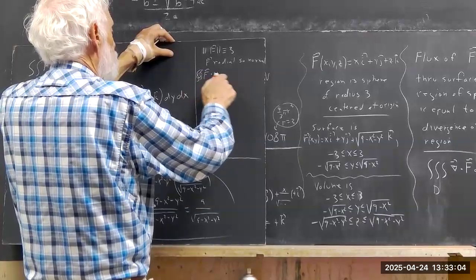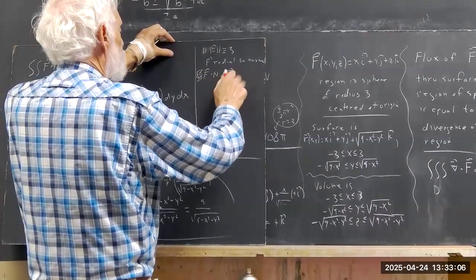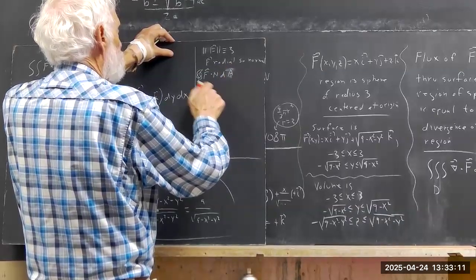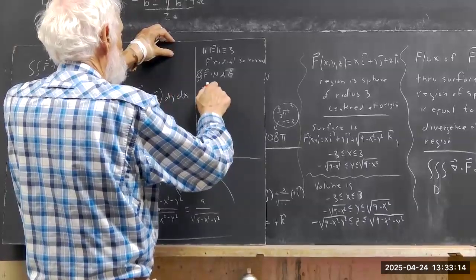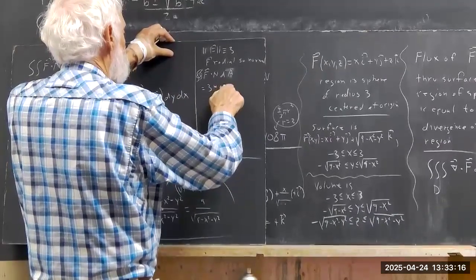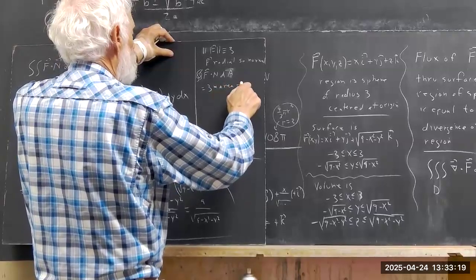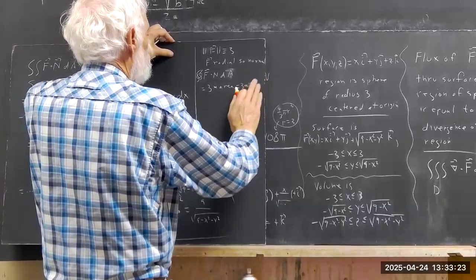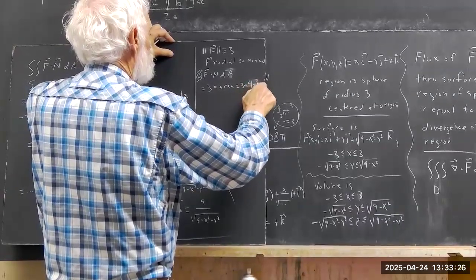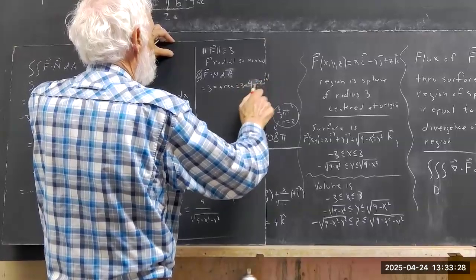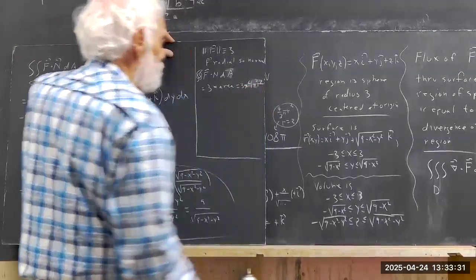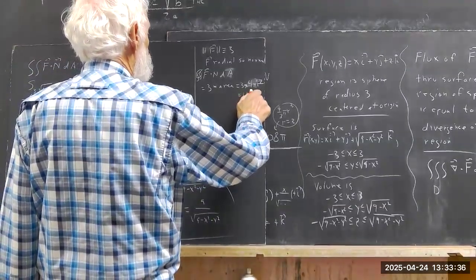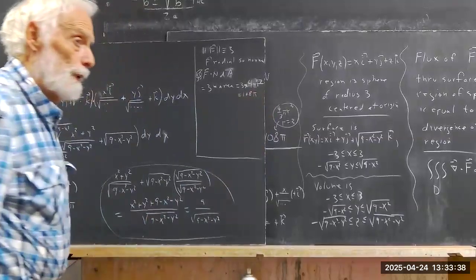So the double integral of F dot n dA equals three times the area of the sphere. It's 3 times 4 pi r squared, which is 108 pi.